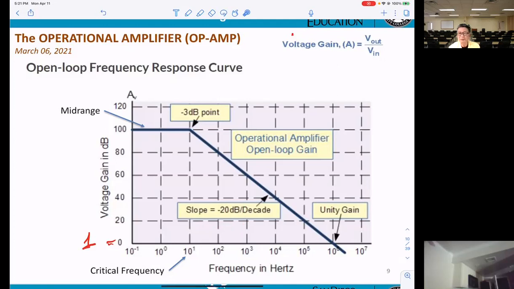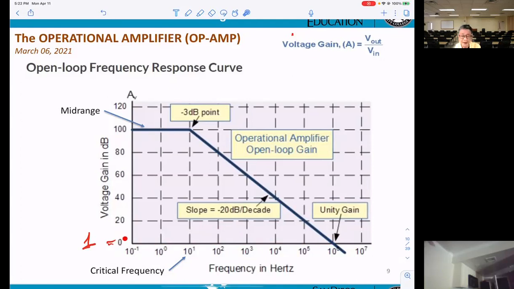That's only telling you, in order to get a higher bandwidth, the gain must be reduced, okay? And at this point right here, if you look to the left, you get 0 dB.